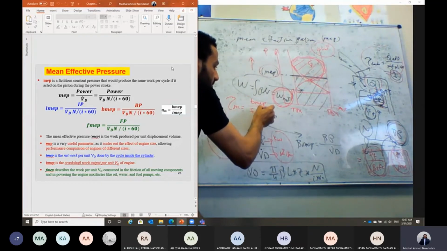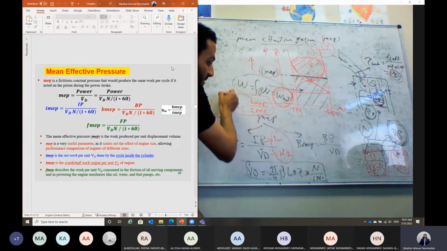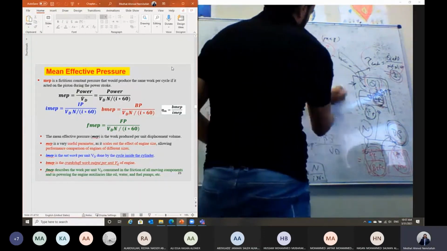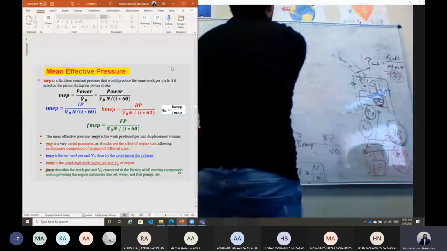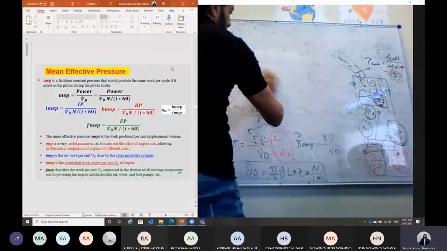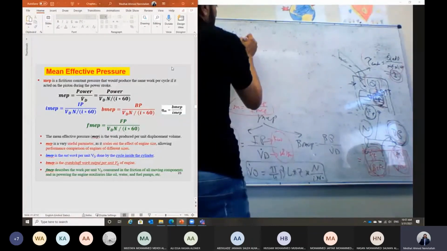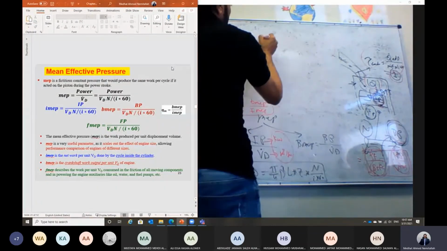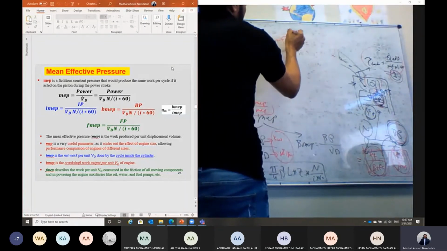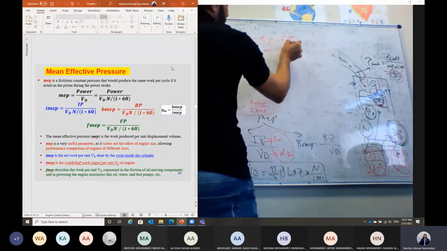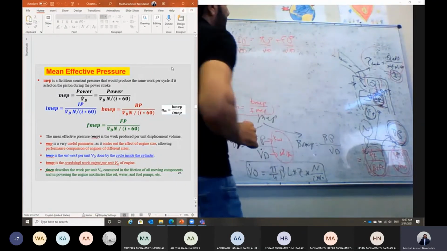We have defined the difference between the indicated power and the brake power as the friction loss power. So we said the indicated power equals the brake power plus the friction power. If I divide by V dot displacement, the indicated mean effective pressure equals the brake mean effective pressure plus the friction mean effective pressure.